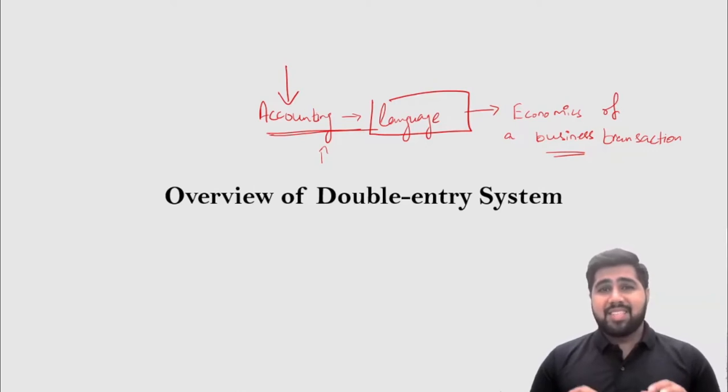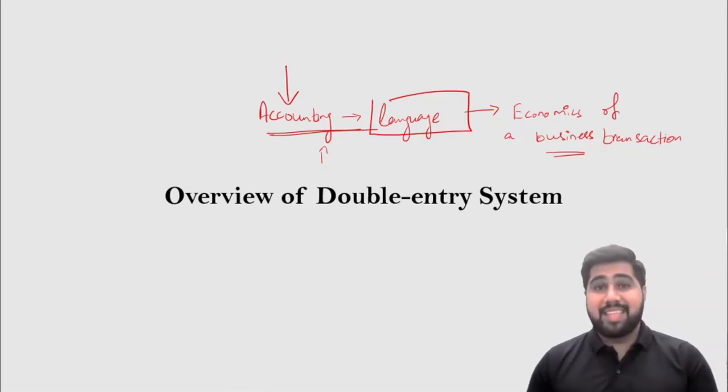But at this stage, accounting is something that will be needed all the time as long as businesses exist. Like I said, there's no other language that helps communicate the economics of a business transaction or transactions as a whole.